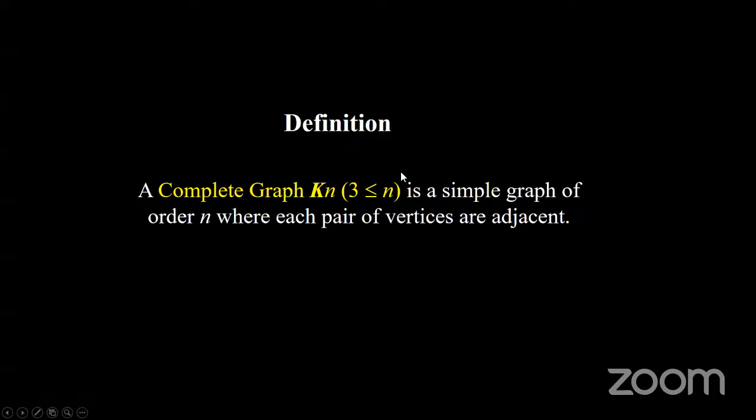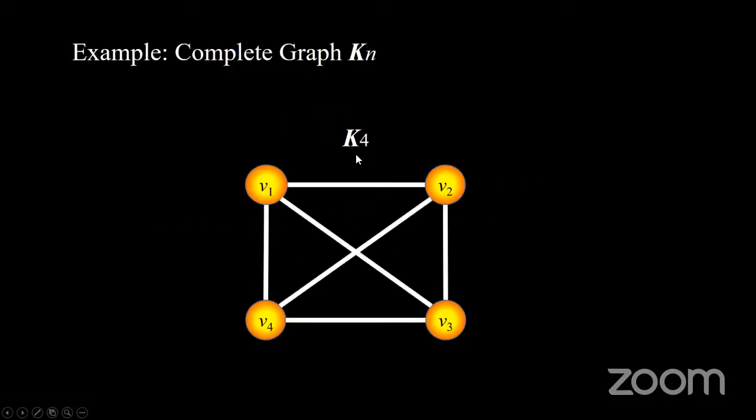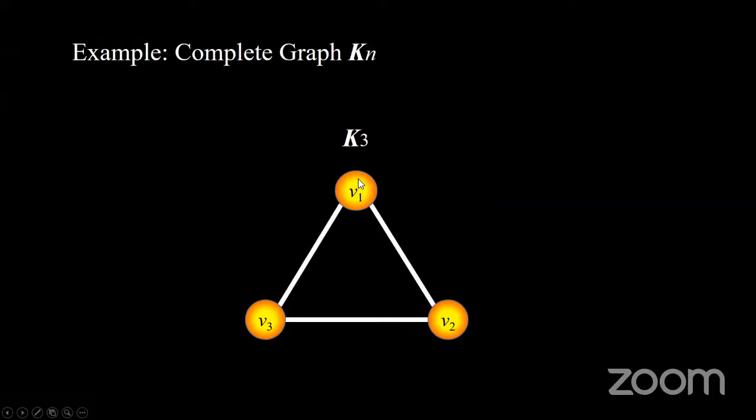Now, a complete graph is a graph where for every pair of vertices, there is an edge connecting them. Yeah, the symbol is Kn, so the complete graph is Kn. Now, this one is a complete graph because there are 3 vertices.